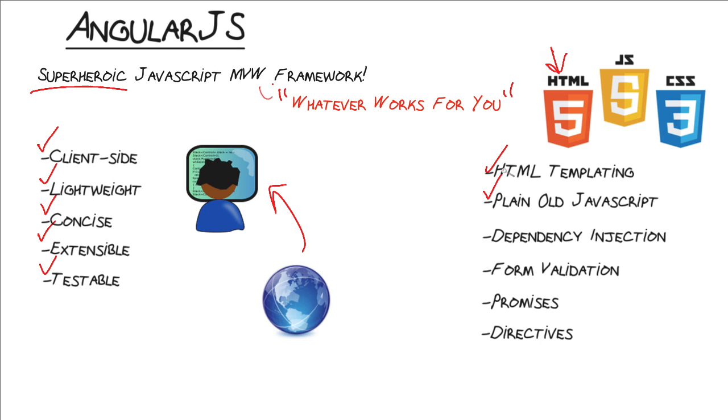Angular uses plain old JavaScript. This is both for the models and the controllers, and this is great because as developers, we don't have to worry about complex JavaScript libraries or objects that need to be inherited into our controllers in order to make them work. Through the miracle of something called dependency injection, we just pass in the dependencies that we need to our controllers as we need them.